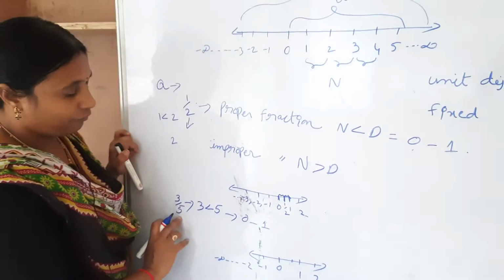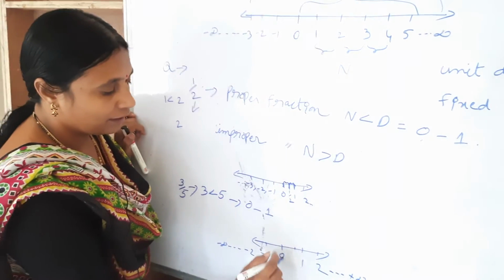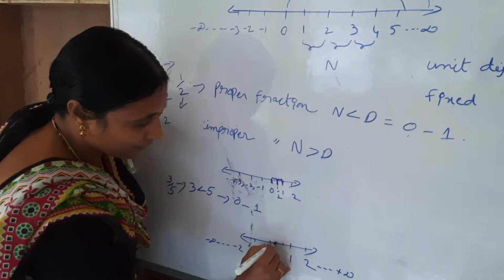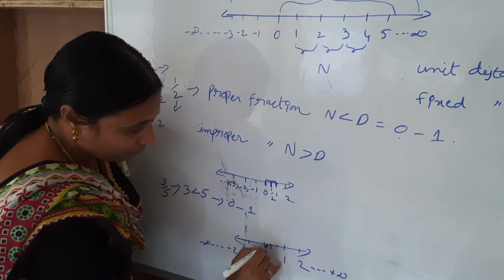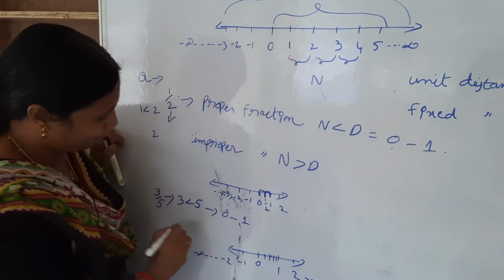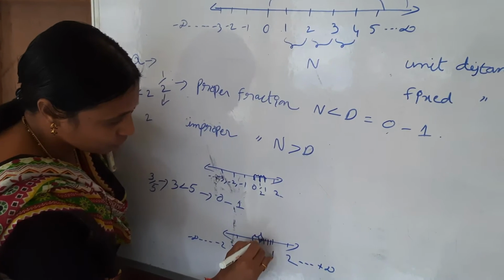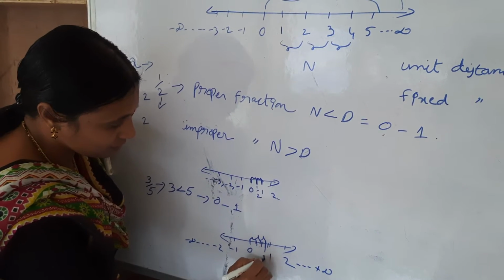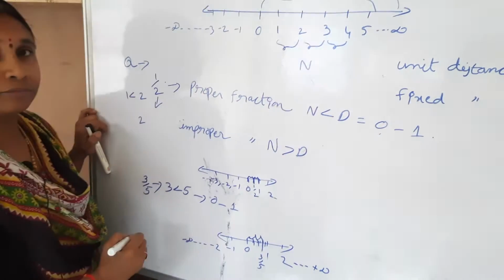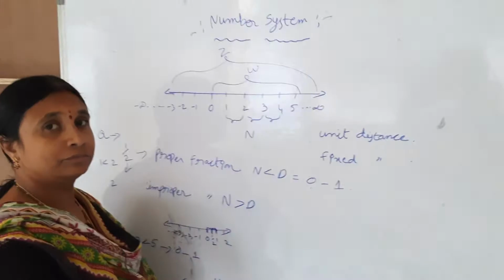Here the 5 means we have to divide the 1 into 5 parts: 1 part, 2 parts, 3 parts, 4 parts, 5 parts. This is 1 unit, this is 2 units, this is 3 units. This is 3 by 5. This is the number line representation.